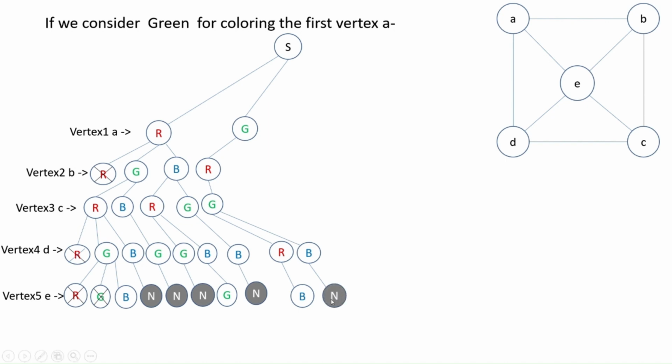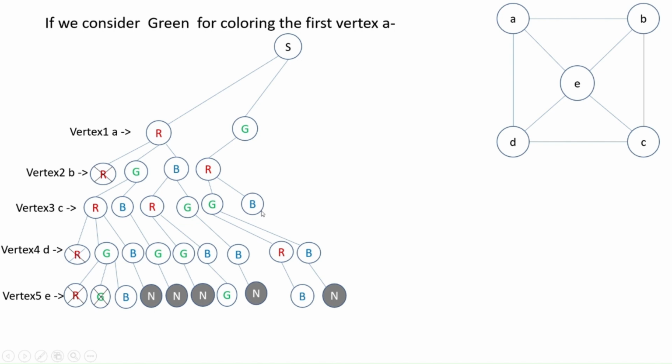Now we are again backtracking to the second vertex, in which green color is already completed. Now we are going to consider blue color for the third vertex. The third vertex is colored with blue now.